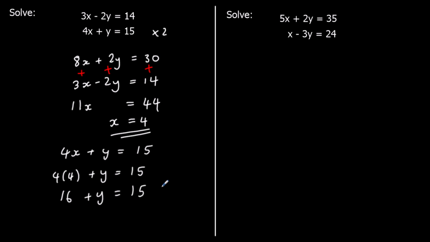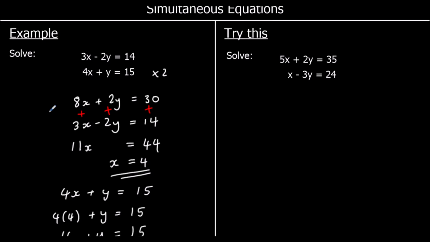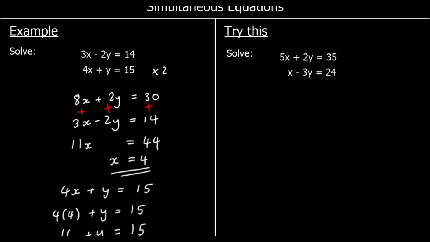And take 16 away from both sides. And 15 minus 16 is negative 1. So x is 4 and y is negative 1. We've solved the equations. And if we substituted 4 and negative 1 into the other equation, we can see that it works. We can check our answer.